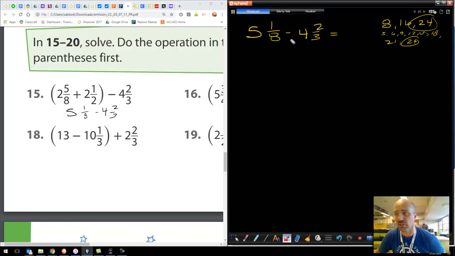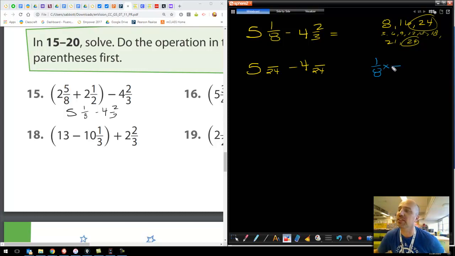So I need to make them both have a denominator of 24ths. We're going to have 5 and something 24ths minus 4 and something 24ths, and I just figure out what those somethings are. I'll do that math over here in a different color so it stands out. I'll do 1/8 first.